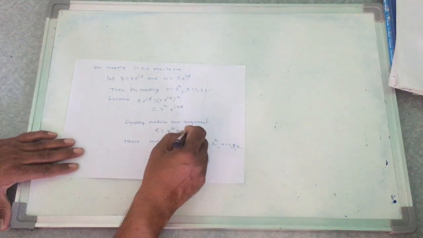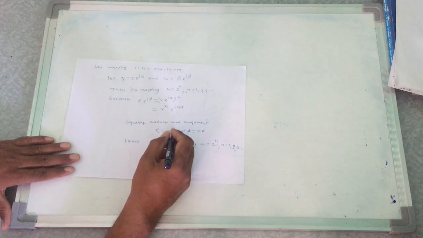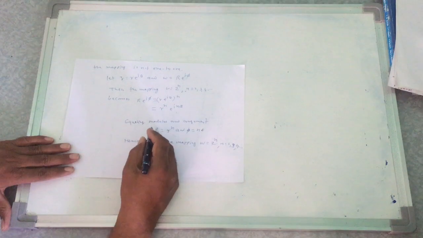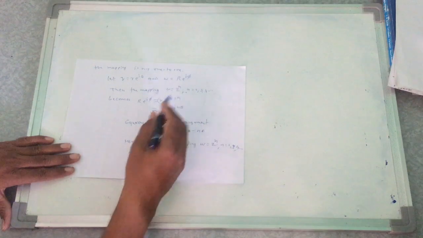So in this manner, circles mod of z is equal to a in the z plane are mapped into circles mod of w is equal to a to the power n in the w plane, and the lines theta is equal to theta 0 in the z plane are mapped into the lines phi is equal to n theta 0 in the w plane.